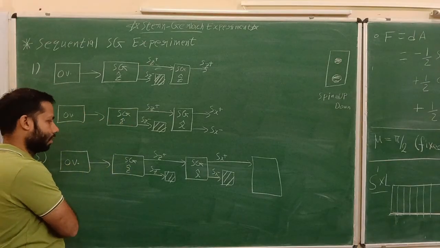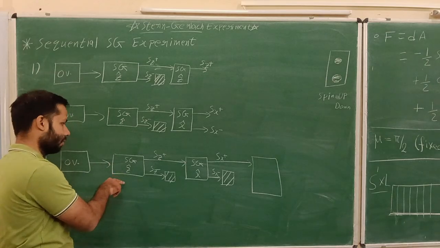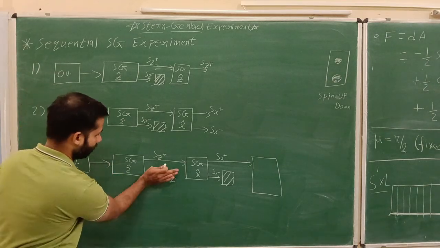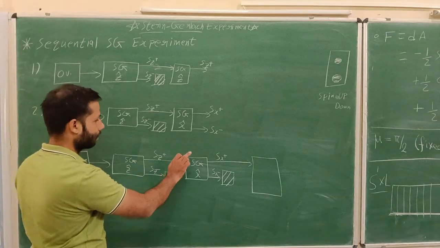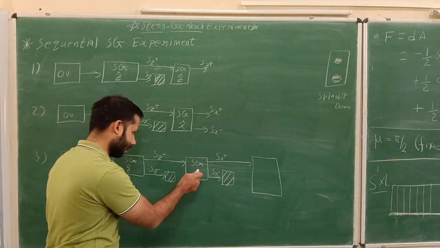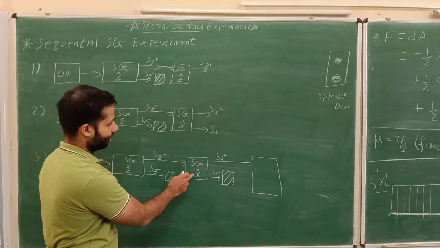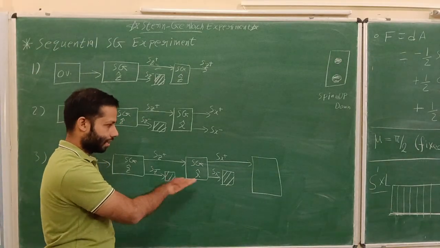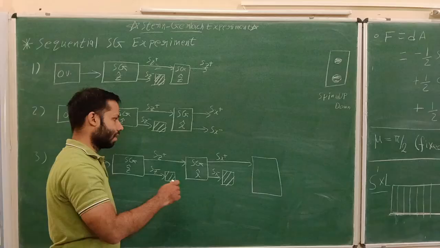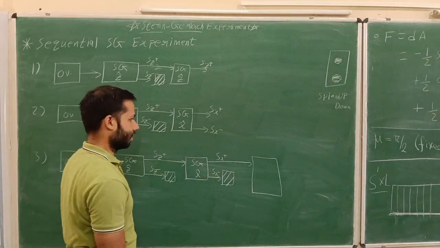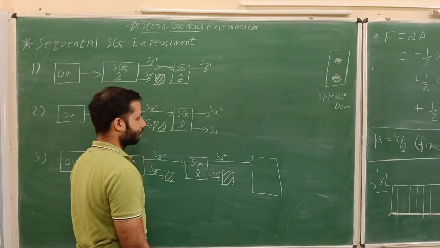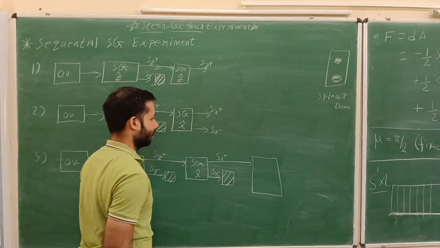We are shooting silver atoms, through the z-oriented SZ experiment, blocking the down beam, SZ minus, only supplying SZ plus. Again, orientation to the x direction, the magnetic field is in the x direction, and what we are blocking is the SX minus beam, and only supplying SX plus beams.